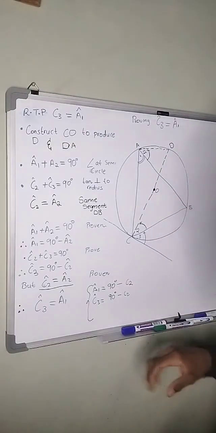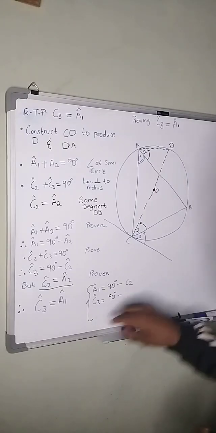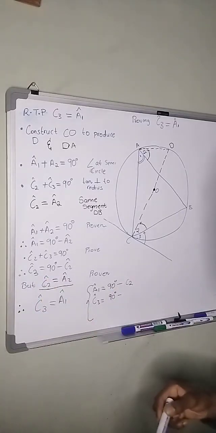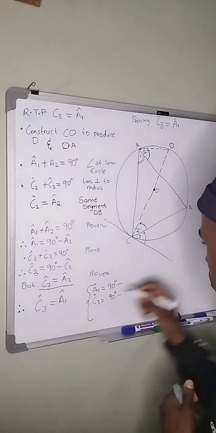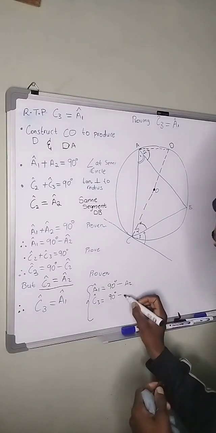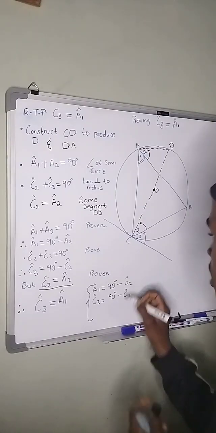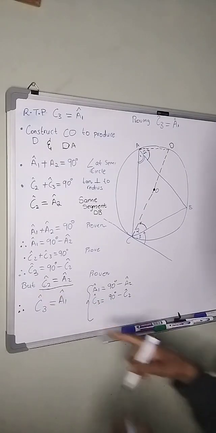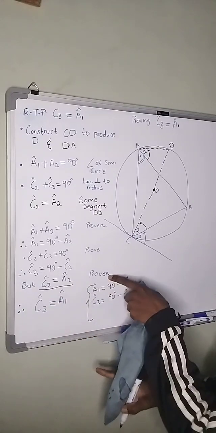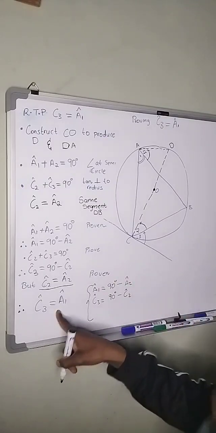I said, if I can put this, like you see here, C3 is going to be equals to 90. This here was A2, and down there it was C2. If I'm saying this is equals to that, but it is proven, so therefore C3 is going to be equals to A1.